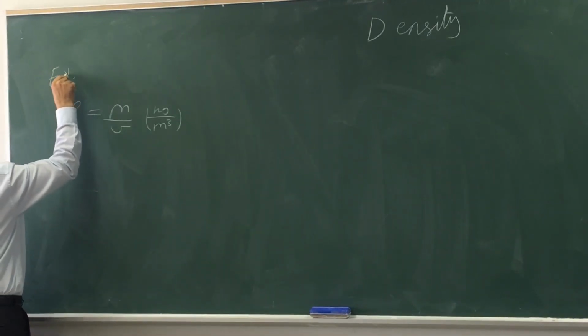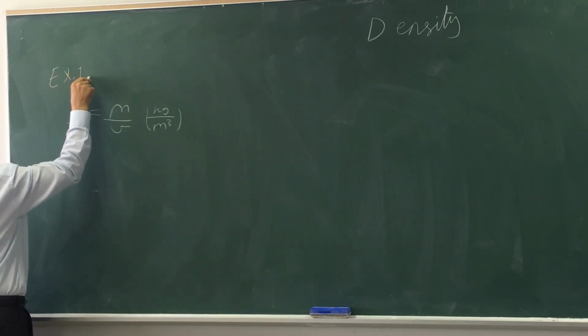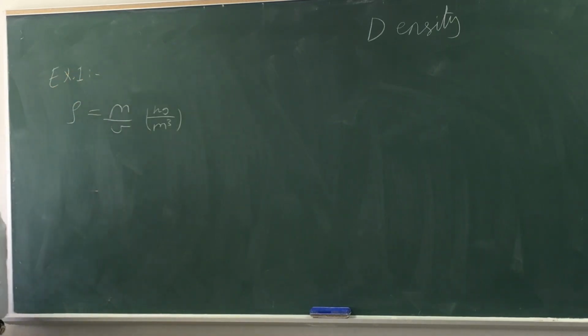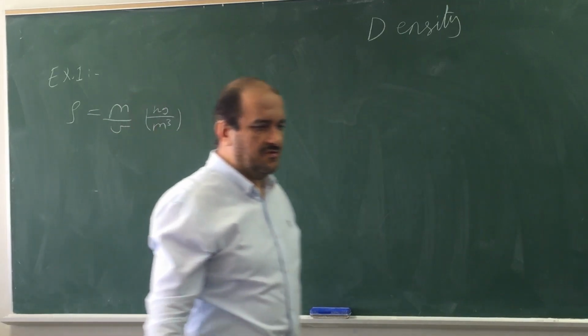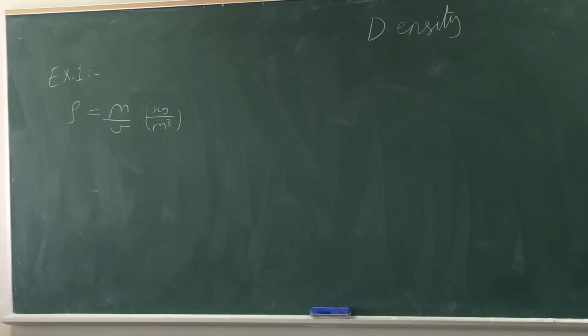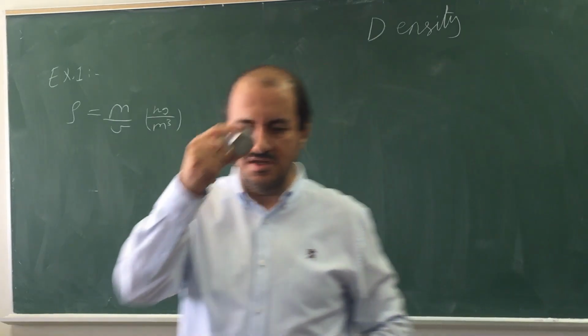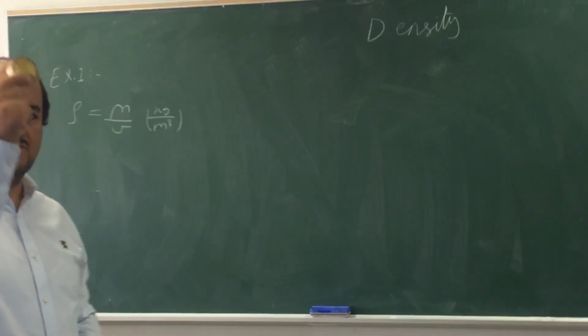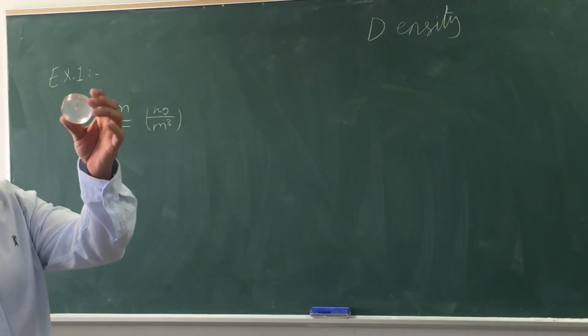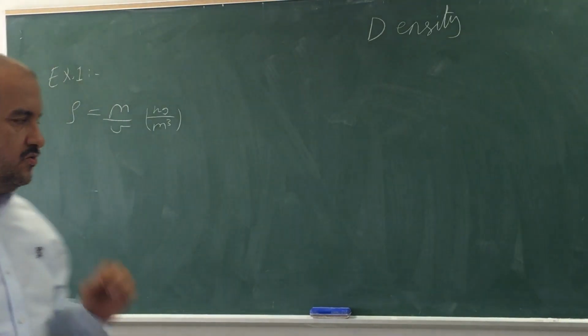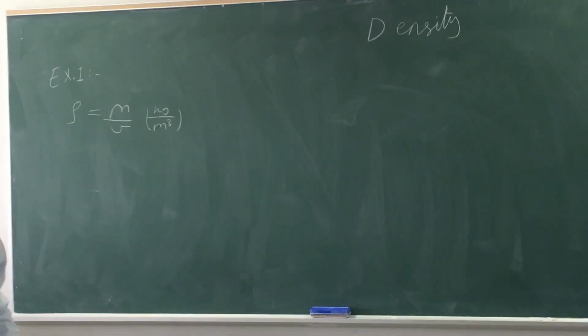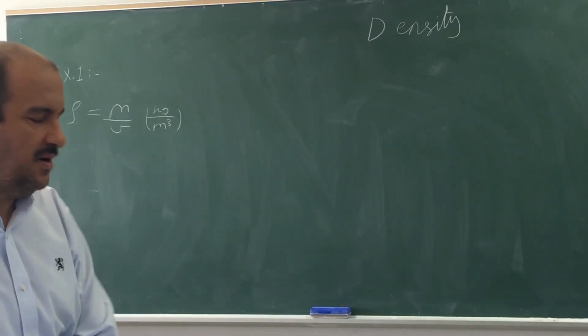Now, in exercise number 1, the main objective is to measure the densities for different solids. We will have 3 objects: this aluminum object, this brass object, and this plexiglass object. We want to measure the density by using the geometry and this formula.